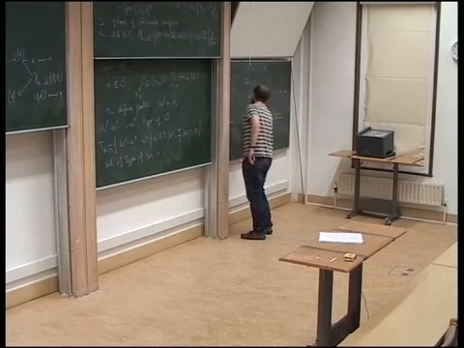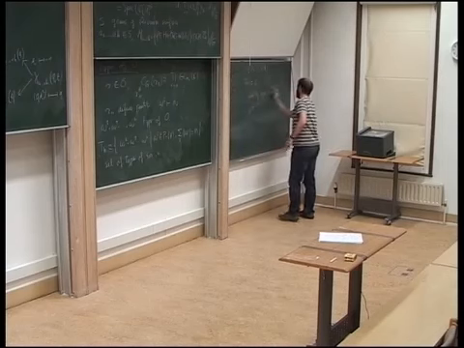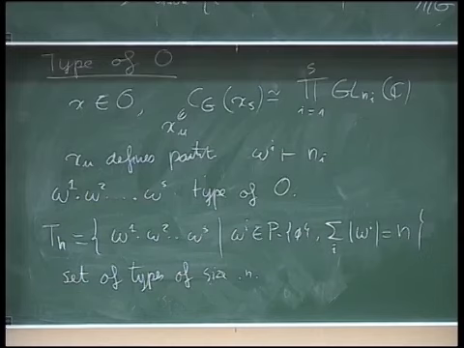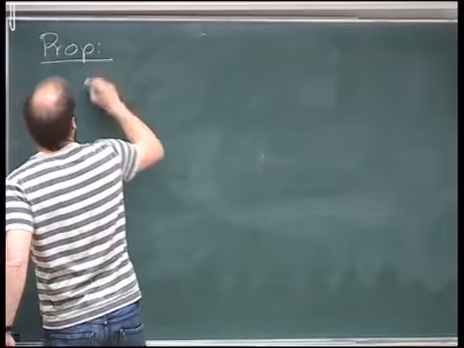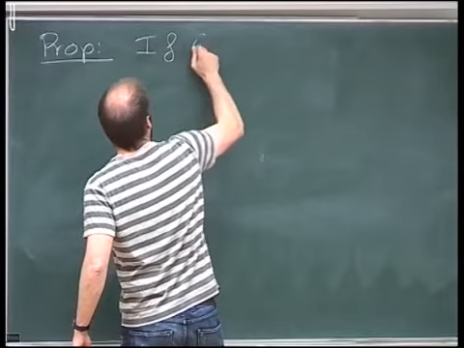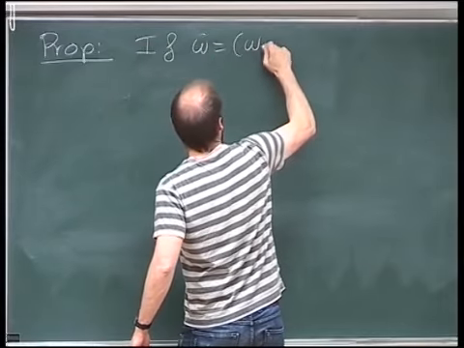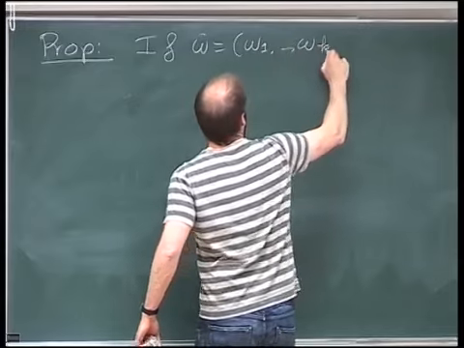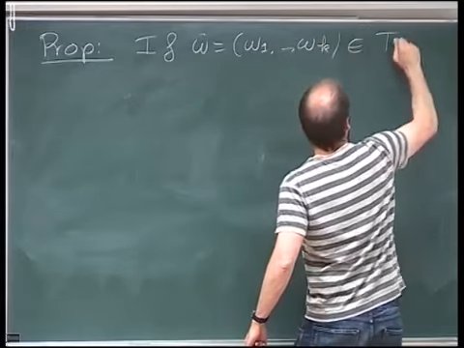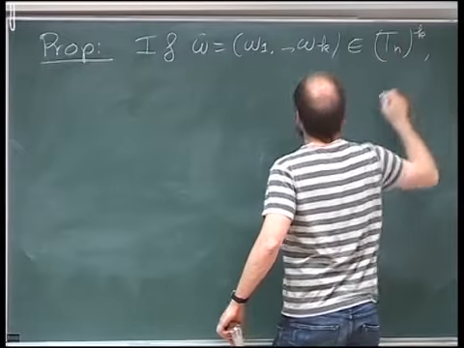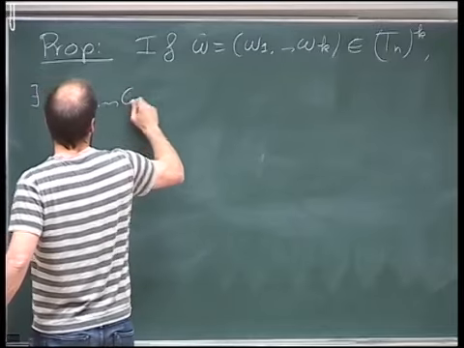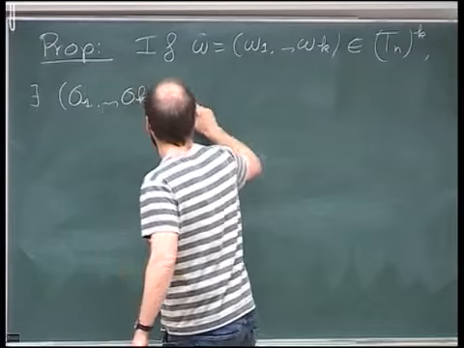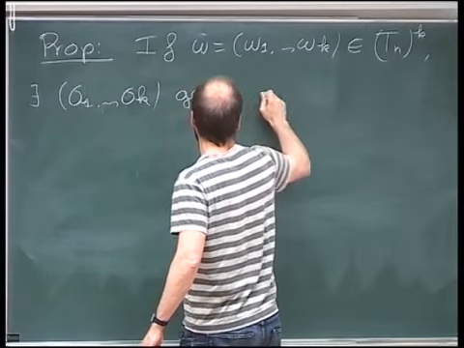Now it will be very convenient to work with types for the following reason. First we have the following proposition. If omega equal to (omega_1, ..., omega_k) is a multi-type, in T_n^k, then I can always find a generic tuple of conjugacy classes of type omega.